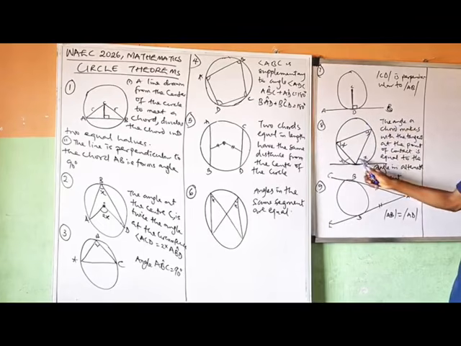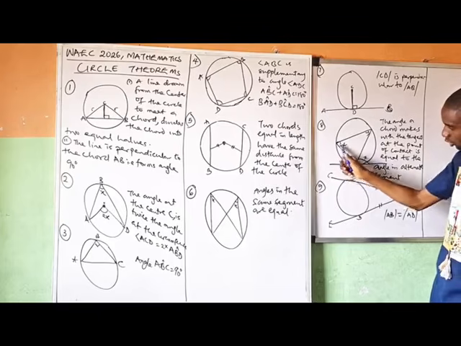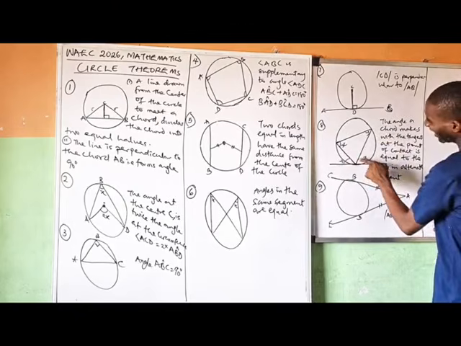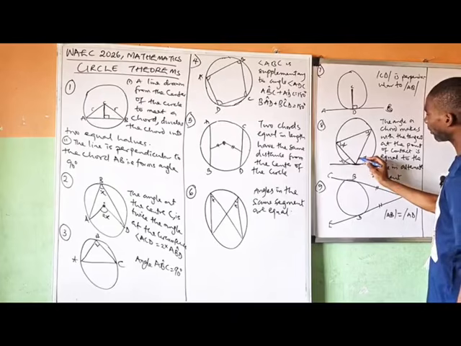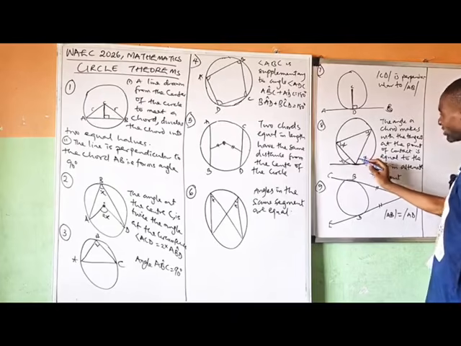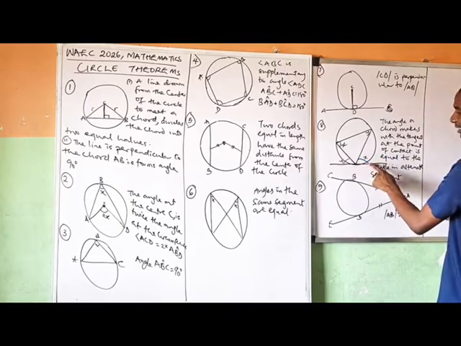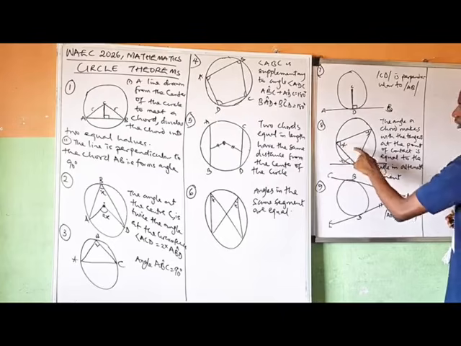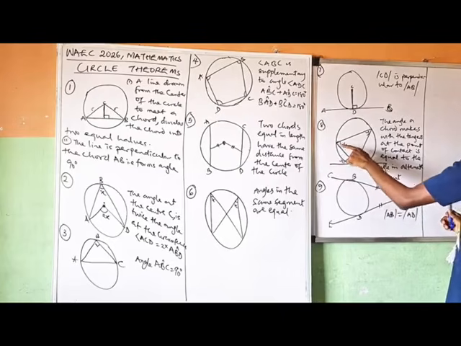And then the next one. Here, this is a chord, this is another chord, and this is a third chord. Now for this chord, the angle from this point to the tangent is equal to the angle in the alternate segment.